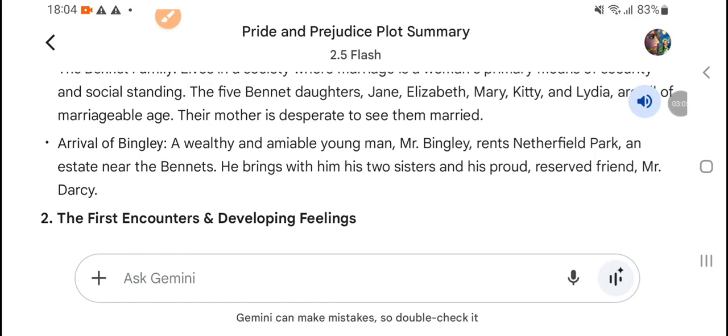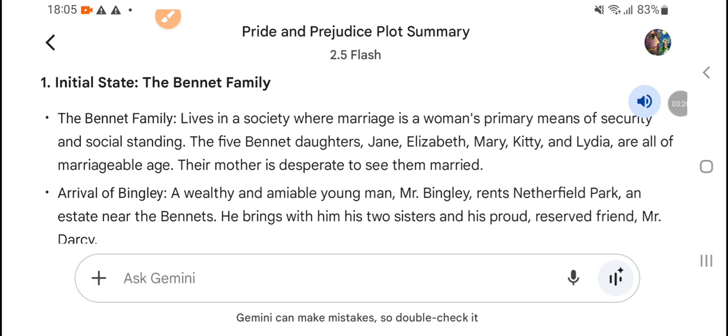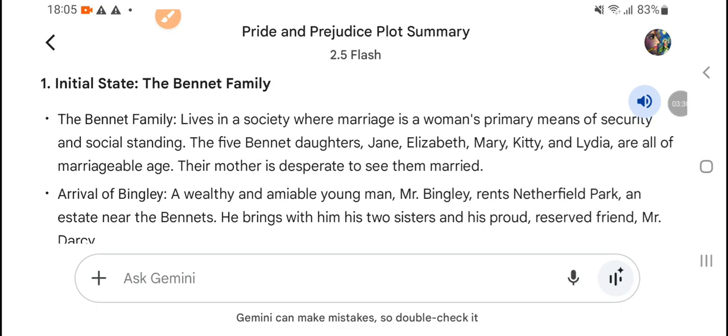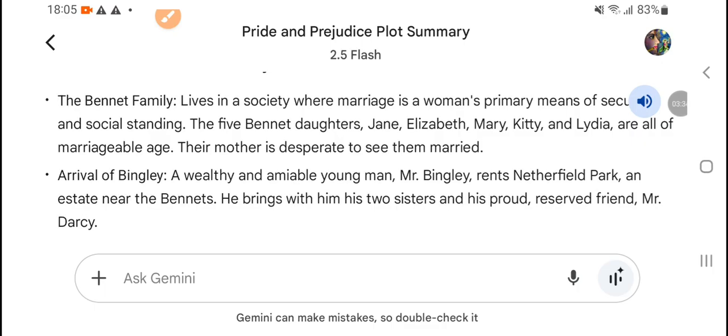So here in the Bennet family, five daughters. Eldest one is Jane, then Elizabeth. Elizabeth Bennet is the female protagonist or heroine of the novel. Then third is Mary, fourth is Catherine or Kitty, and last one is Lydia, a very pampered child. So these five daughters and Mr. and Mrs. Bennet live in a place, Longbourn.